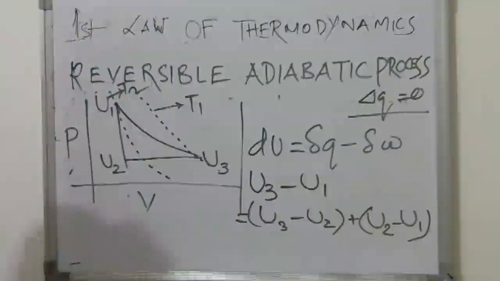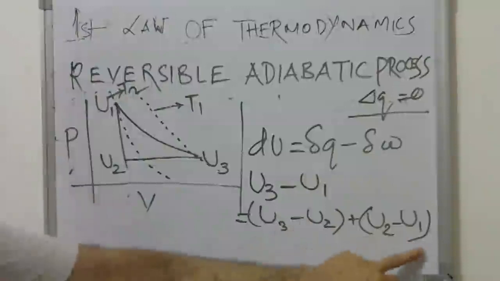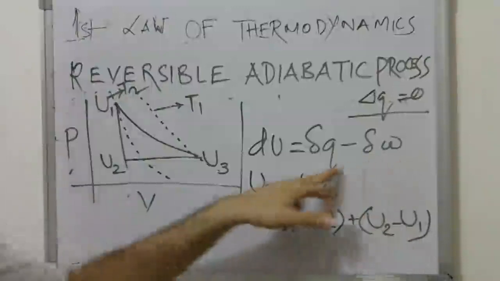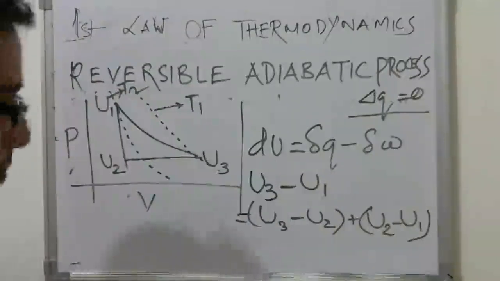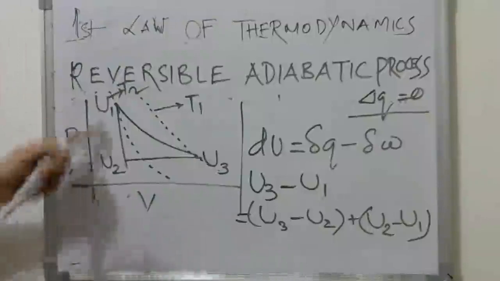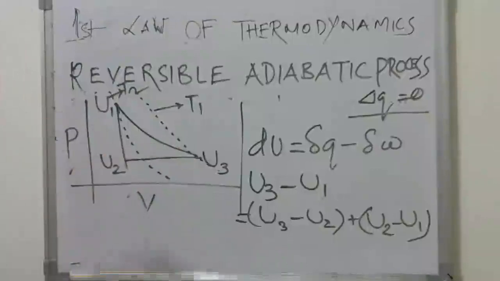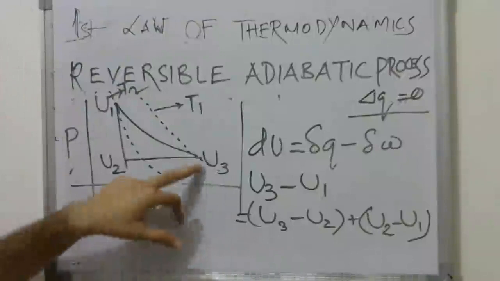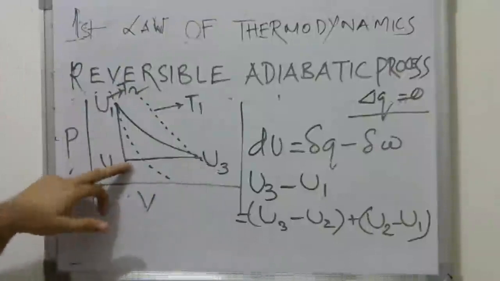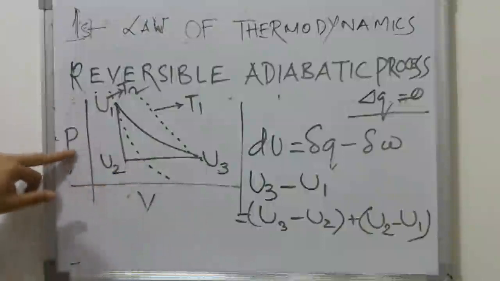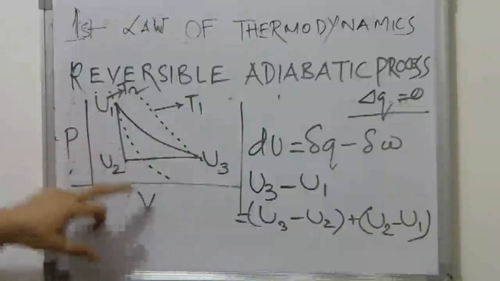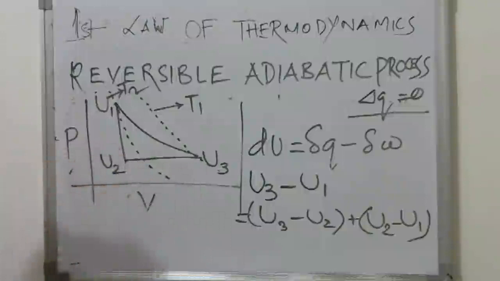Now let's write individual first law equations for this and this. U3 minus U2. How do you write U3 minus U2? Look at this picture. This is very important. Along this line, there is no variation in pressure. Pressure is on the y-axis and it is constant. So only your volume is varying.